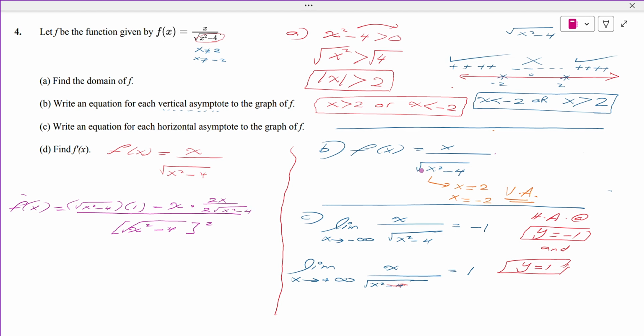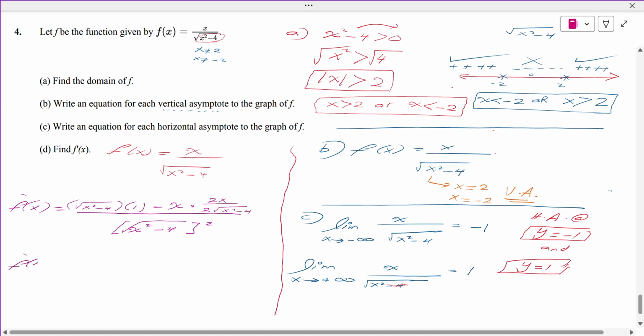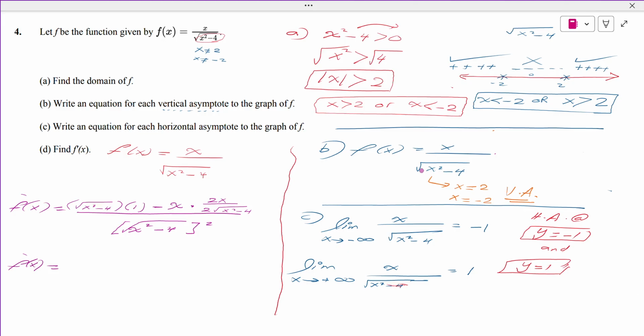Okay, so let's simplify this. F prime of x will equal root of x squared minus 4 times 1, which is the same, root of x squared minus 4, and then you have minus. Here you will cancel this 2 with this 2, and this x times this x will be minus x squared, right?